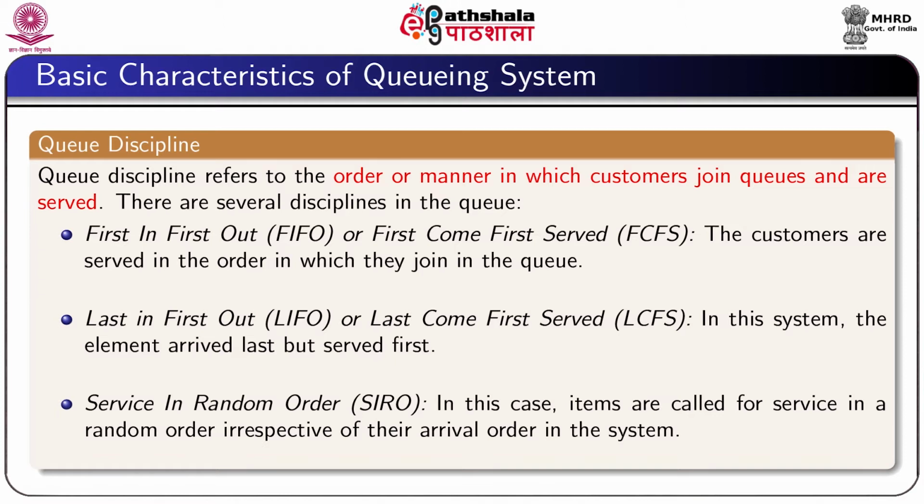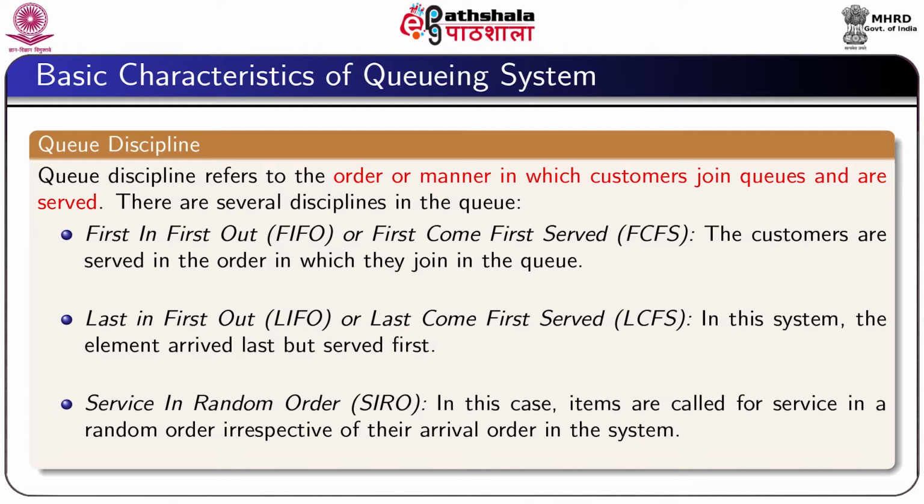There are several queue disciplines, for example, first in, first out or FIFO, which is also called first come, first served, FCFS, last in, first out, that is LIFO, which is also called last come, first served, LCFS, service in random order, SIRO, or service by priority.